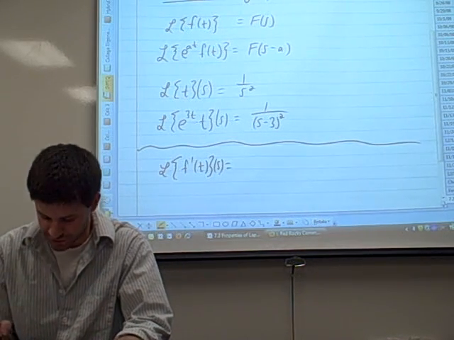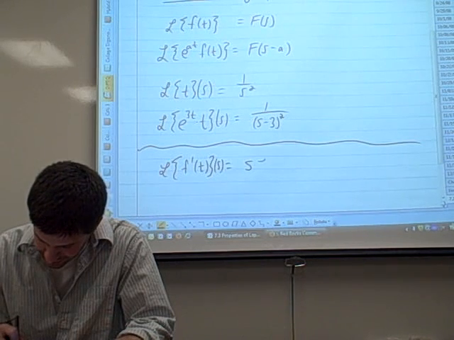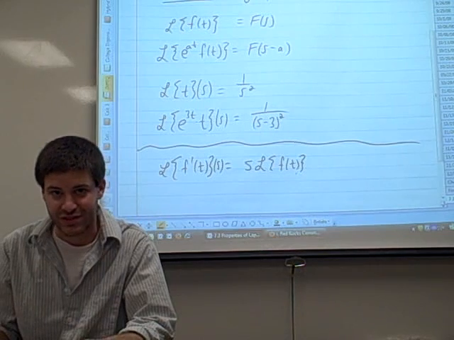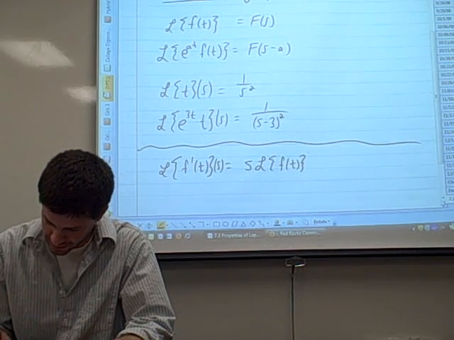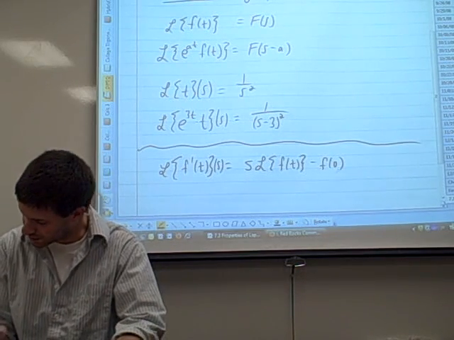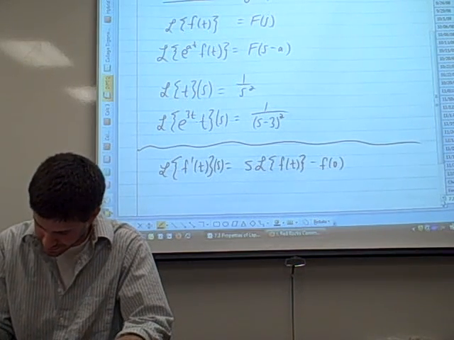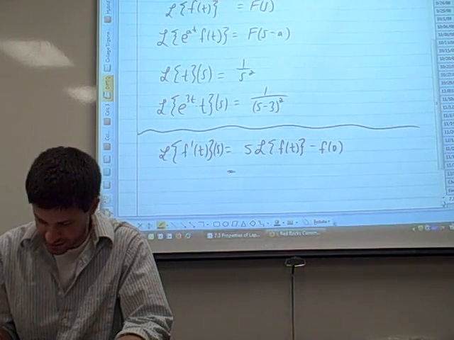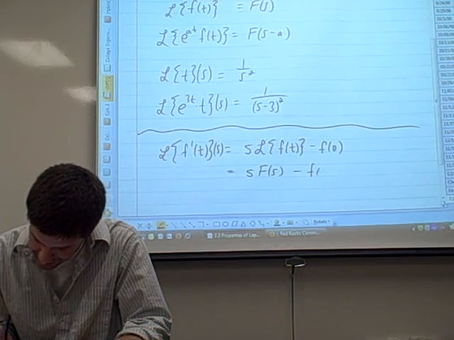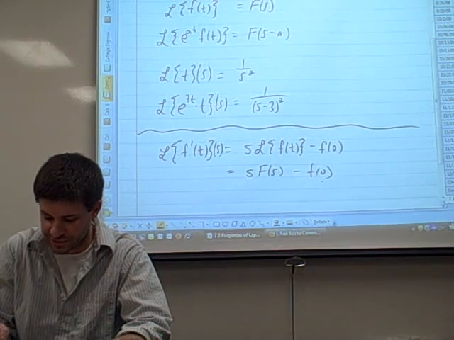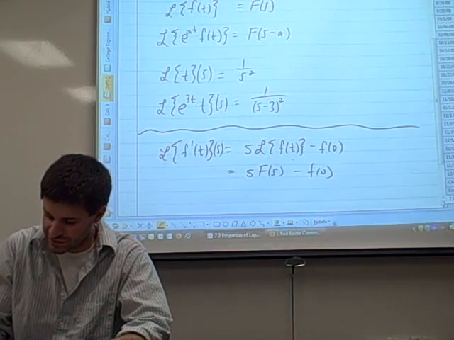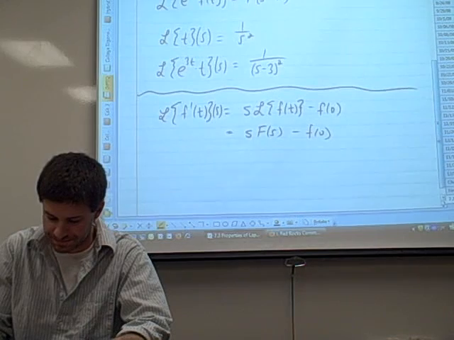Now, the Laplace transform of a derivative is s times the Laplace transform of the function itself minus what's actually an initial condition, the function evaluated at 0. Another notation for that is s F of s minus f of 0. The Laplace transform of the function little f of t can always be written as capital F of s. That's a notation that we'll be using pretty commonly in our class.